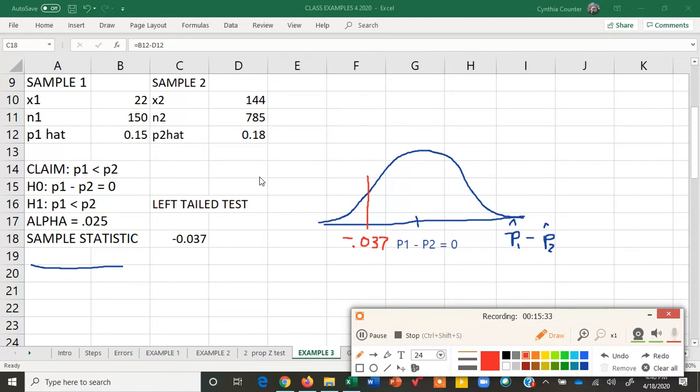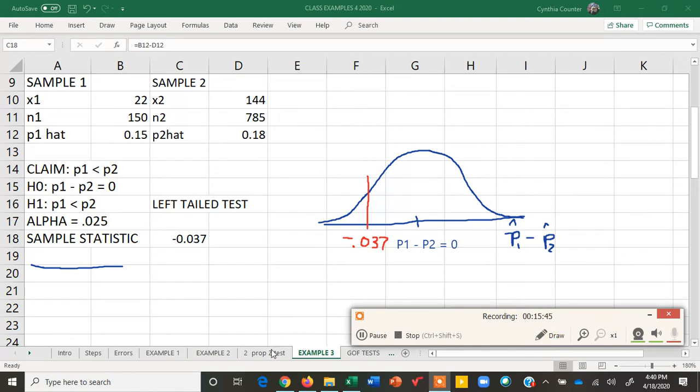We need to contain the information from both samples. Let's go over to this tab and look at what that standard error looks like.